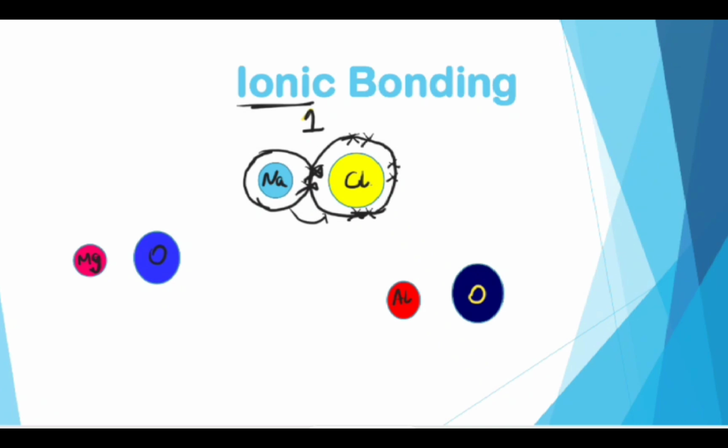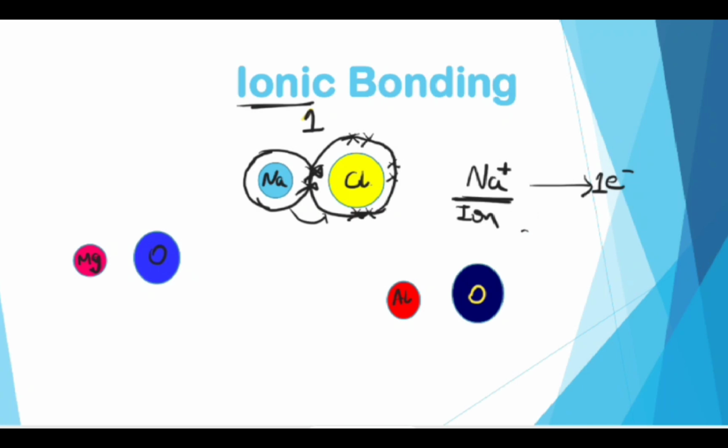Because if this sodium gives away 1 electron, the negative charges will become less by 1 and it will acquire a positive charge, and any charged atom is not called an atom anymore, it is called an ion. So that's why this turns into an ion.